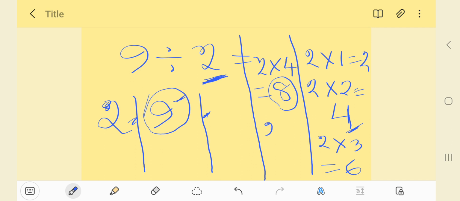We try one more. 2 times 5 equals 10. 10 is bigger. We cannot go with 2 times 5. Why? Because 10 is larger than 9. Our idea was to go to a smaller number.